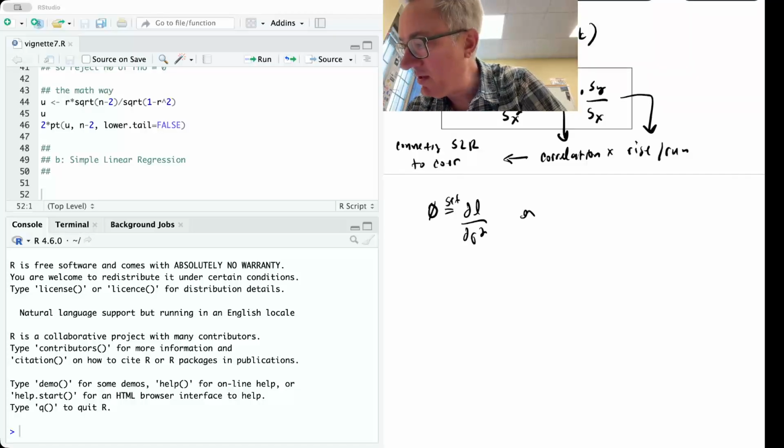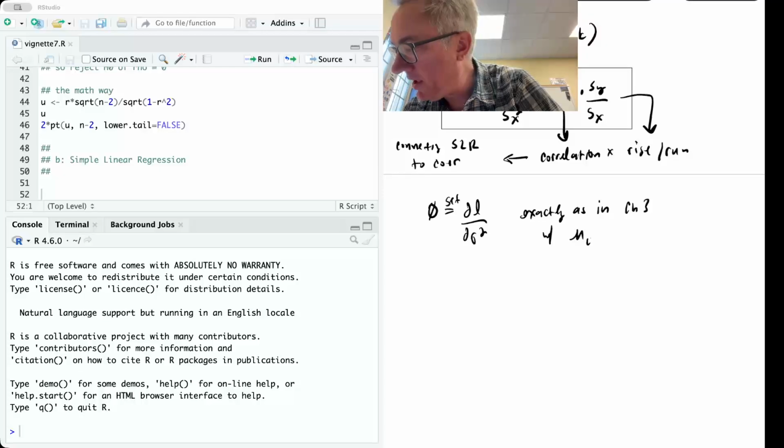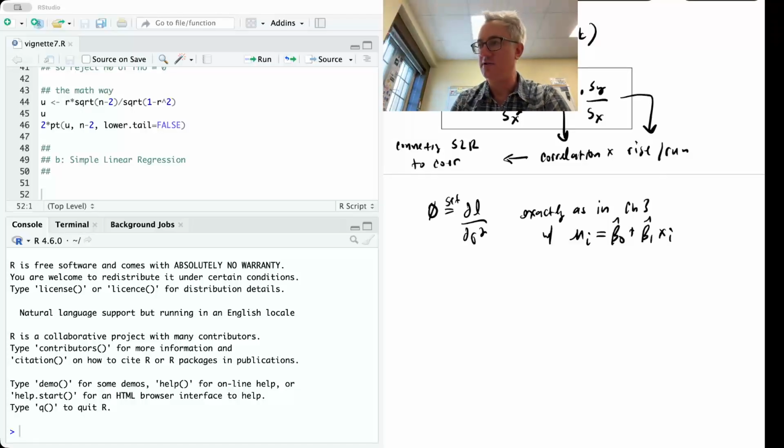This is exactly as in chapter 3 with mu replaced by mu i, which is beta naught hat plus beta 1 hat, given the values dialed in above, times xi.